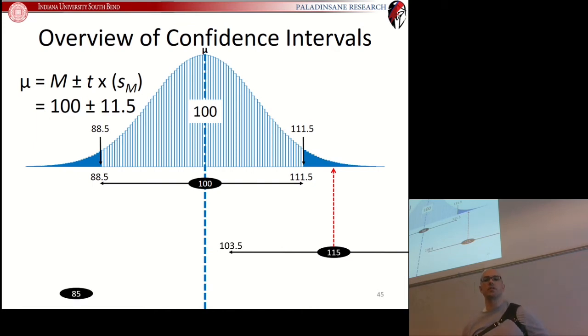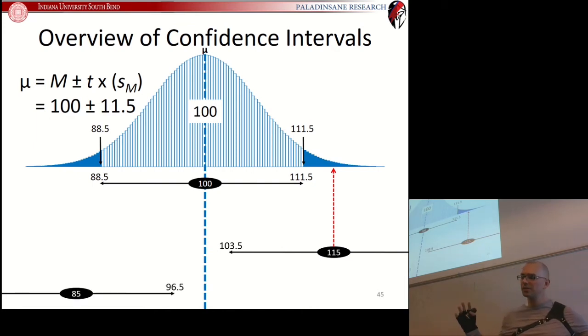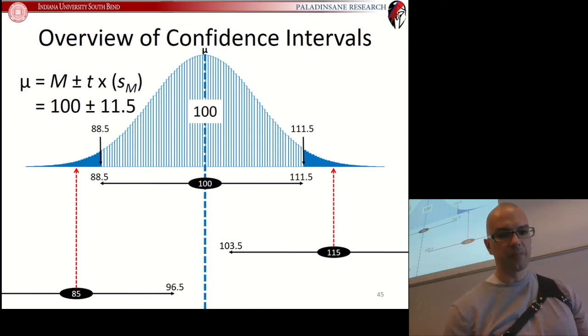So these confidence intervals, these exact sizes of your interval, are determined by the size of your tails, and that limits the risk that you have. And again, by shrinking those tails, you get more confidence because a bigger part of your distribution is in the body. By making the tails bigger and shrinking the body, your interval shrinks, and you get less confidence. So confidence is tied directly to the size of that interval.